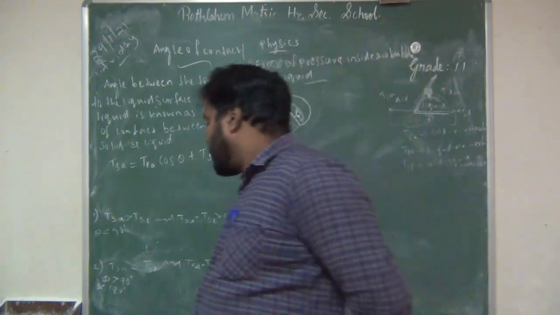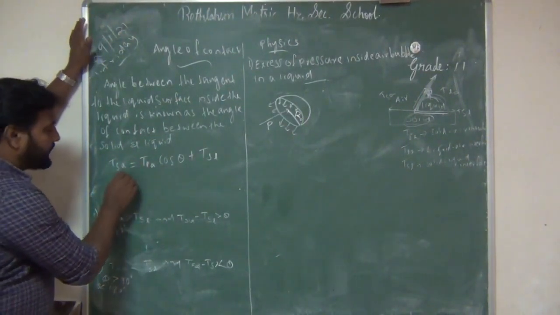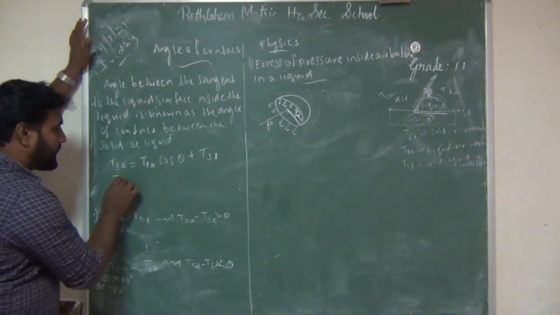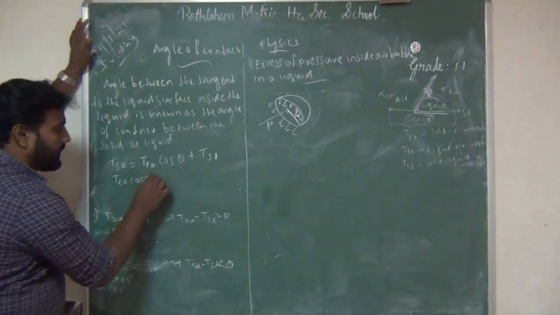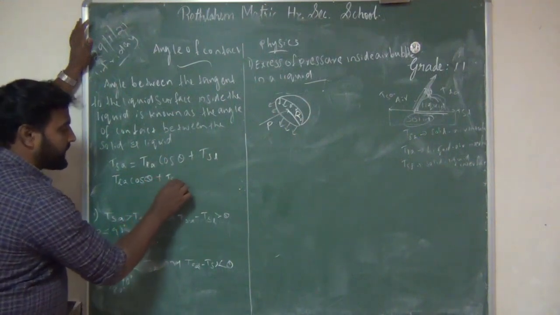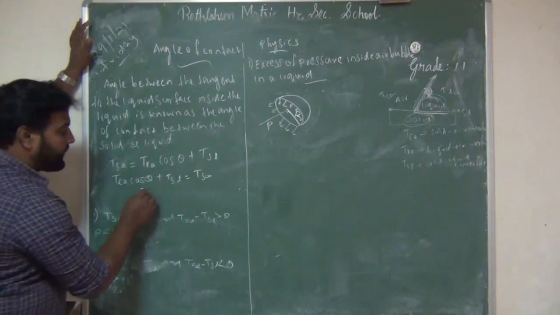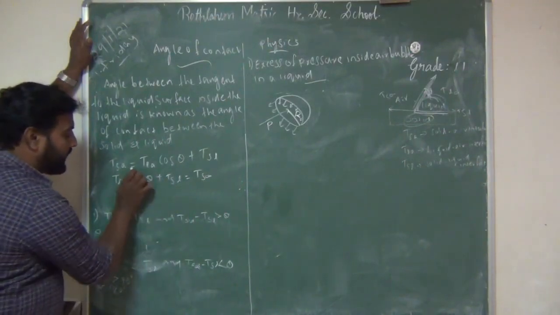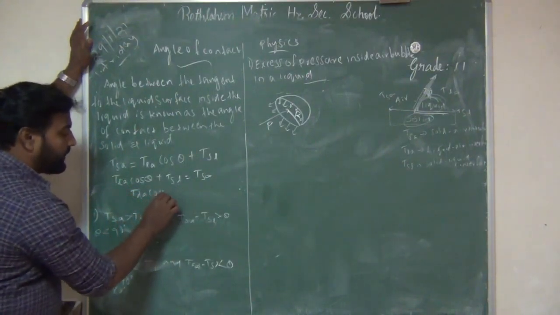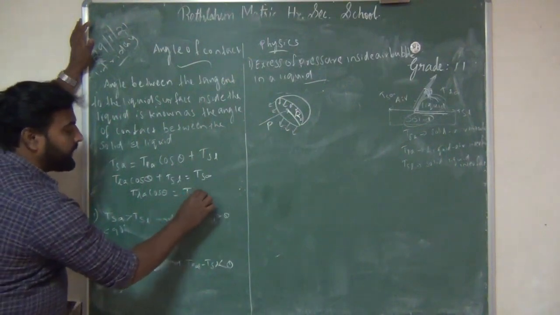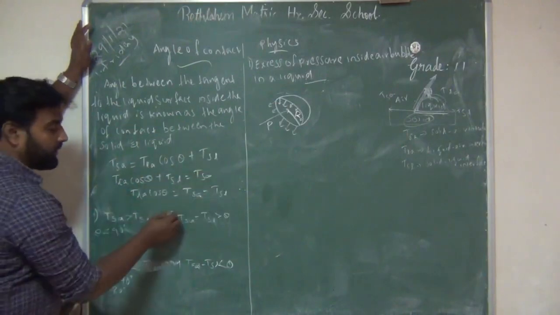Now we can find the angle of contact theta by rearranging this equation. TLA cos theta plus TSL equal to TSA. Rearranging, TLA cos theta equal to TSA minus TSL. I have taken TSL to this side.